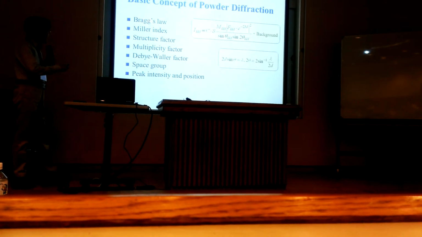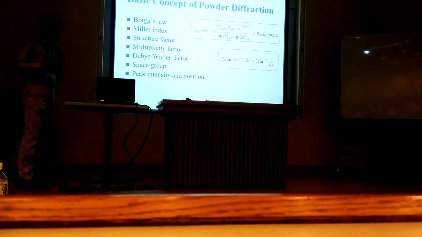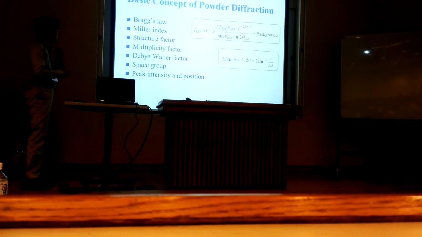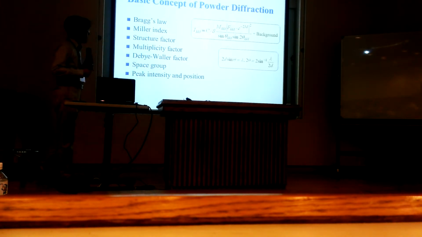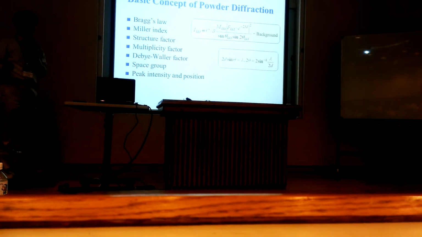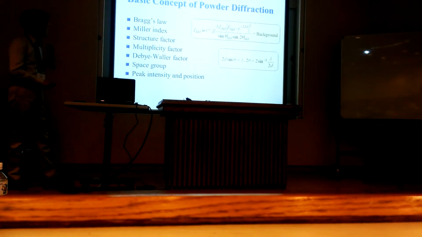So I think here are at least six topics before you have an experiment. You had better know what these mean. Bragg's law, I think everybody knows, and the Miller index is also well known, because at least if you want to compare with the JCPDS database, you need to know which Miller index to match.